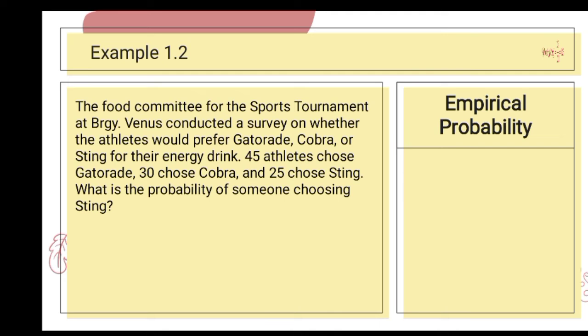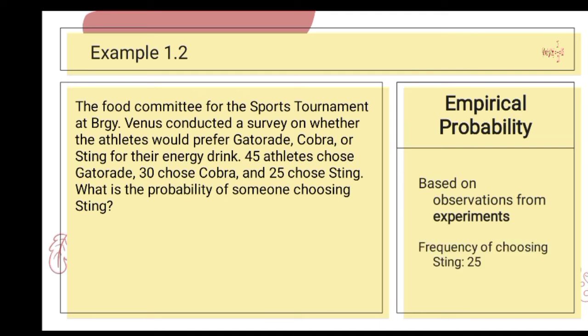Because it is based on observations from experiments. The frequency of choosing Sting is 25, and the total frequency is 100, that is 45 plus 30 plus 25. As you can recall, the formula for empirical probability is the frequency of the event over the total frequency. So the probability of choosing Sting equals 25 over 100, or in decimal form, 0.25.